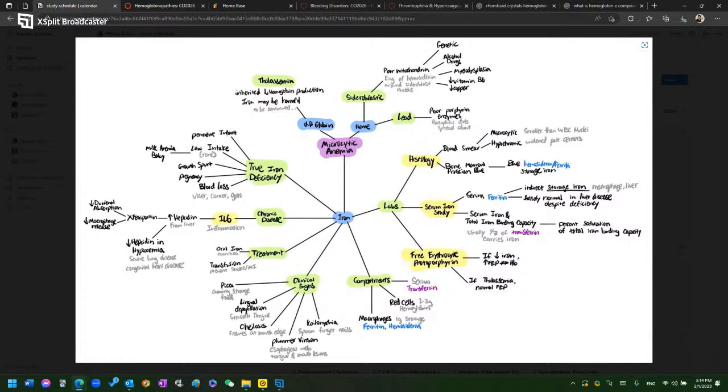I guess I can talk a little bit about formation of heme now. I can jump over from here to heme. It could be that your mitochondria are not working, I guess, which doesn't allow you to create heme effectively.